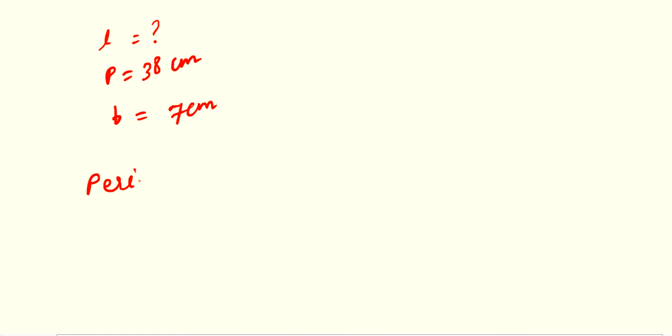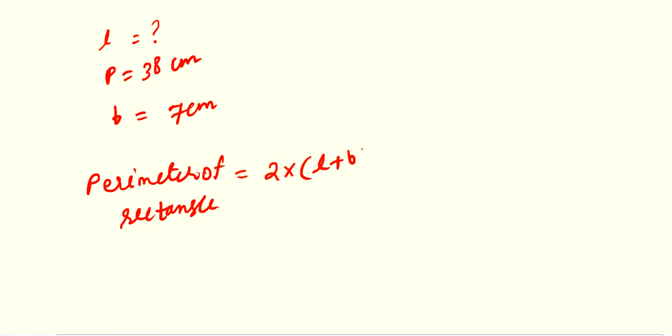Perimeter of rectangle equals 2 into in bracket length plus breadth. So length we have to find, so write L, plus breadth is 7, so write 7.